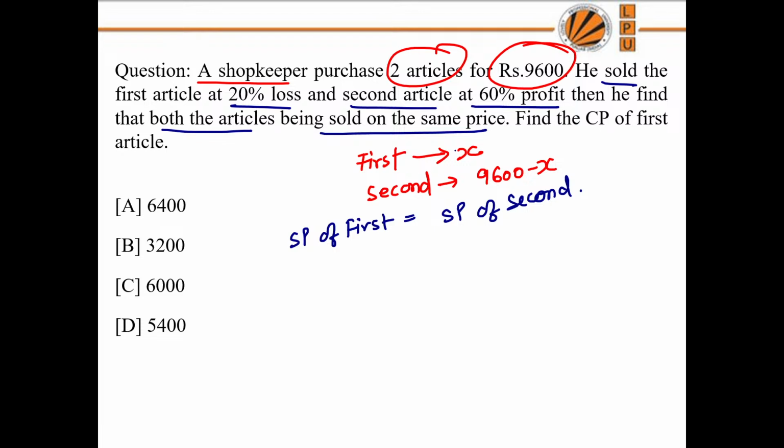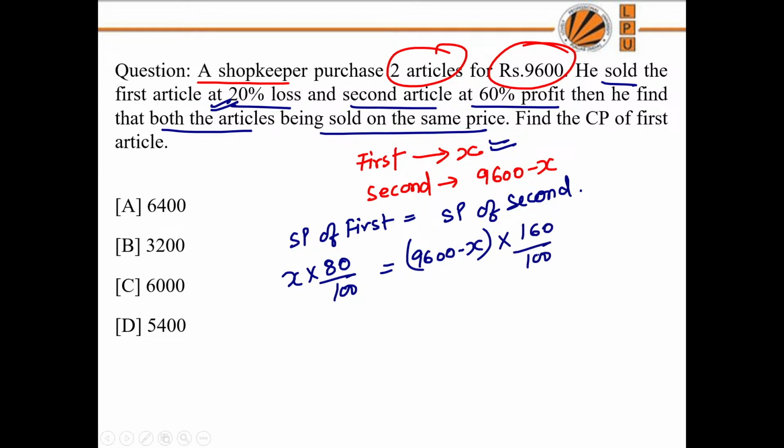The first article CP is X, sold at 20% loss, so I will multiply by 80 by 100, because here is a loss of 20%. And for the second one, it would be 9600 minus X multiplied by 160 by 100, because it's a profit for the second one.